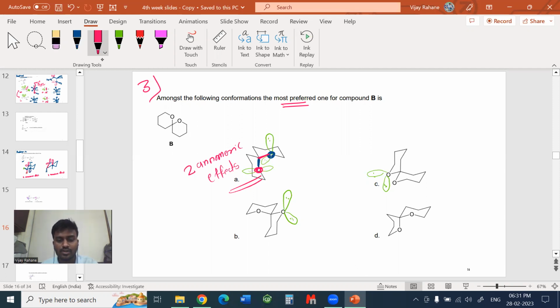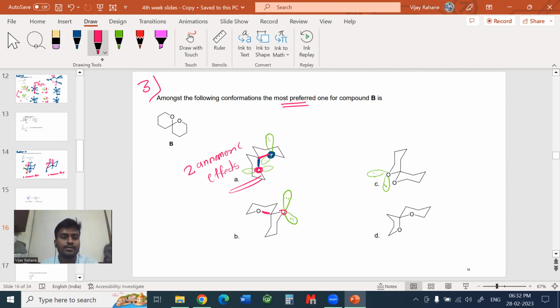So if you see the other possible structure, the adjacent molecule, there is oxygen, but if you see the anomeric effect of this oxygen will be up to here, and so here will be an anomeric effect.